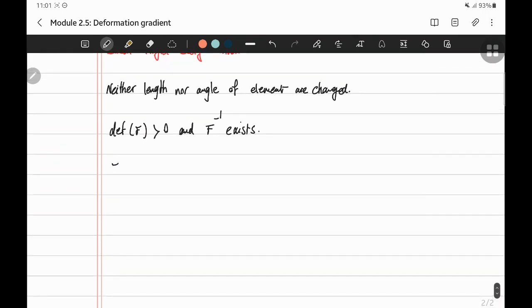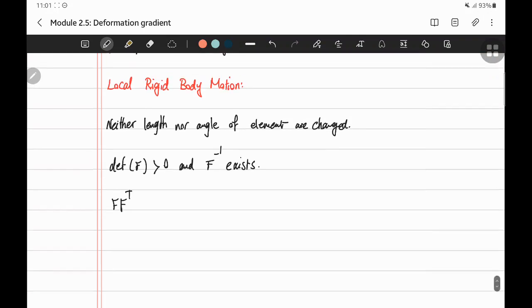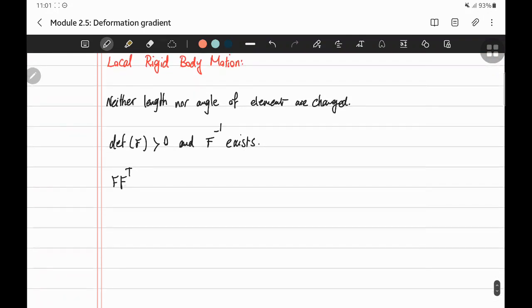Also, we have F transpose, because this is rotation, an orthogonal kind of tensor, rotation tensor. So F transpose F is equal to I. The determinant of F is equal to 1.